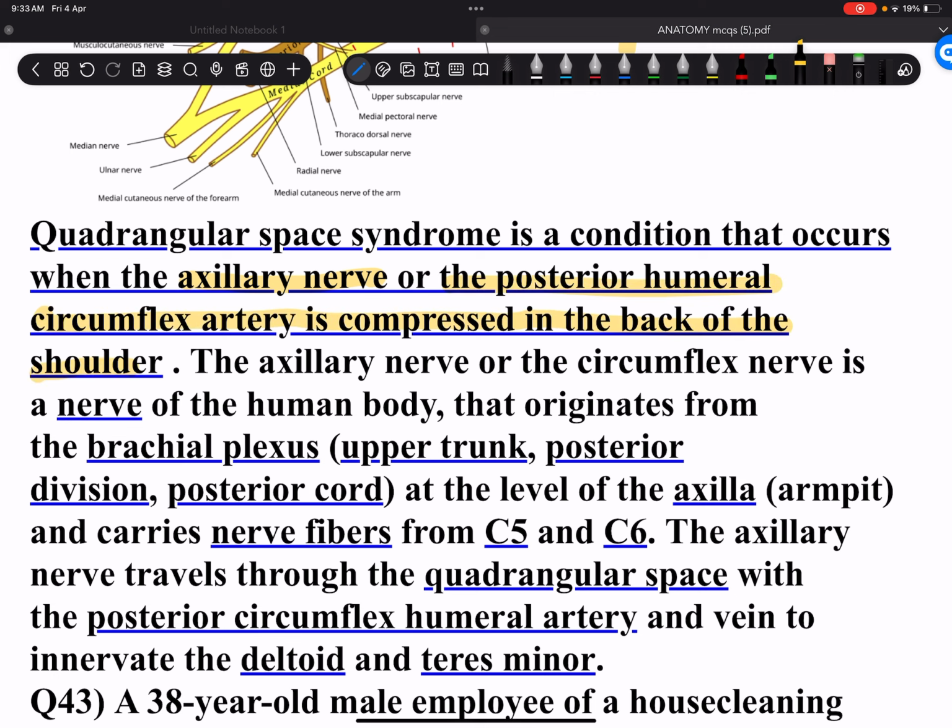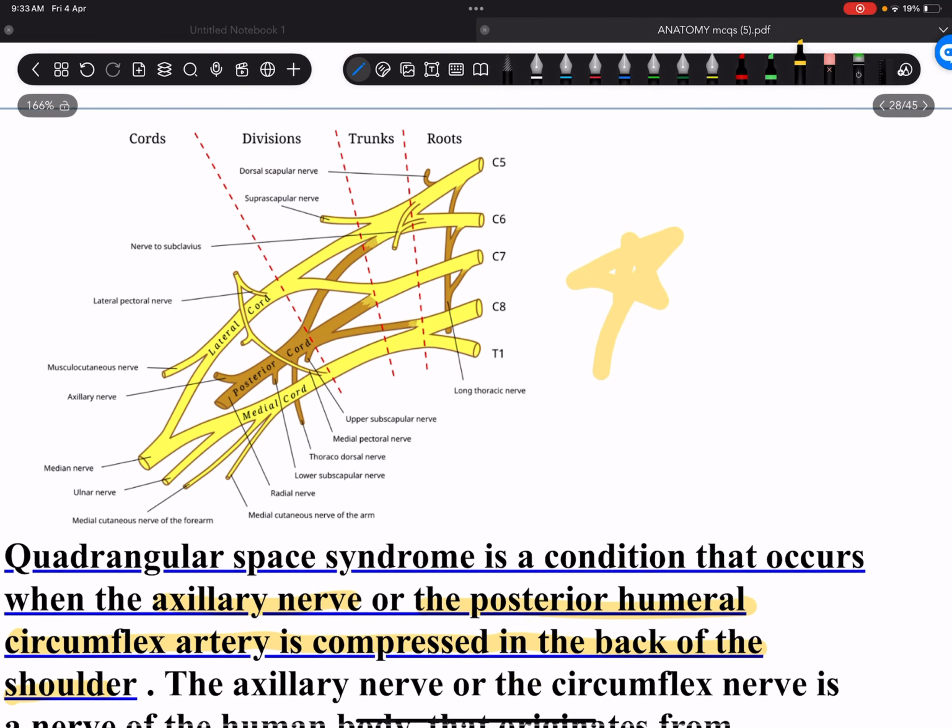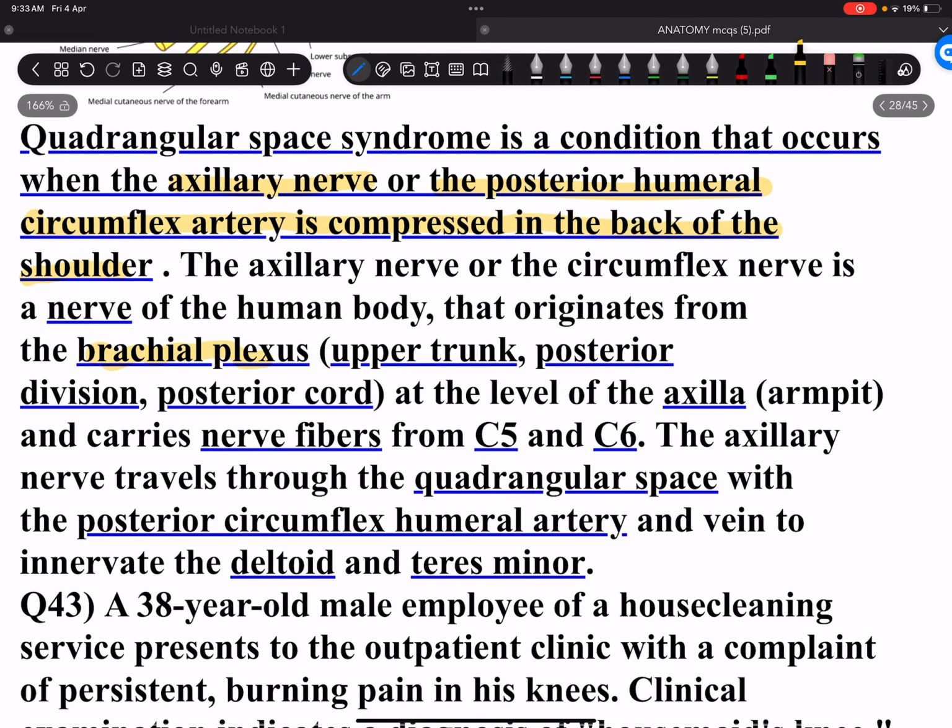The axillary nerve, or circumflex nerve, originates from the brachial plexus upper trunk, posterior division, posterior cord at the level of the axilla and carries nerve fibers from C5 and C6. It travels through the quadrangular space with the posterior circumflex humeral artery and vein to innervate the deltoid and teres minor.